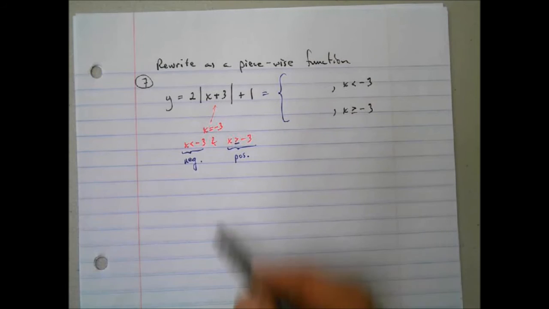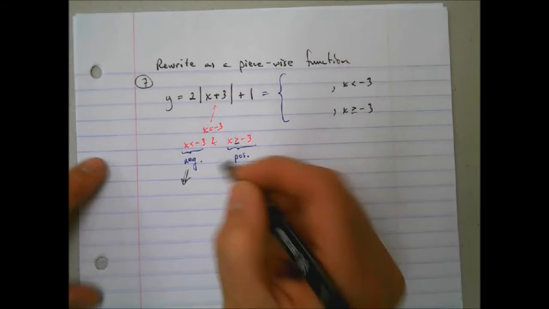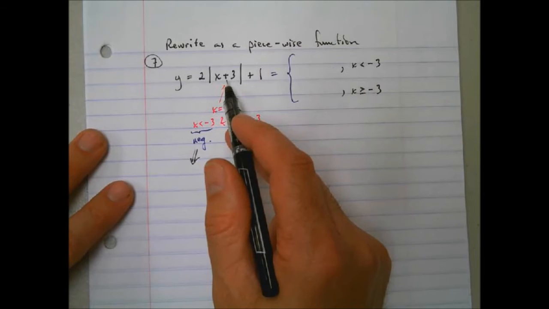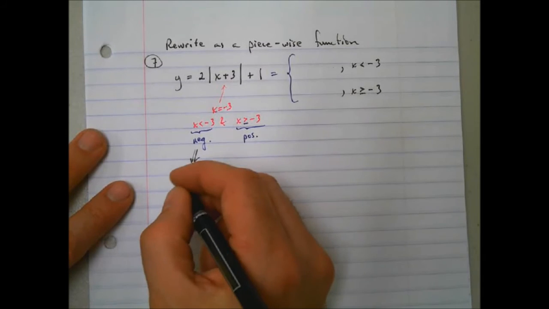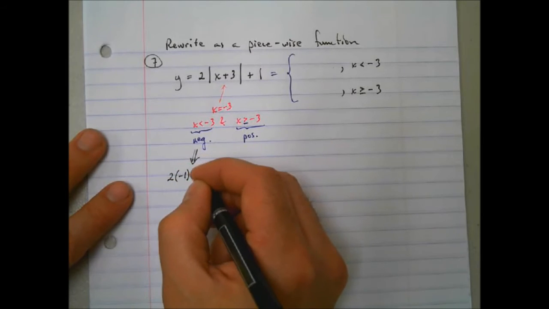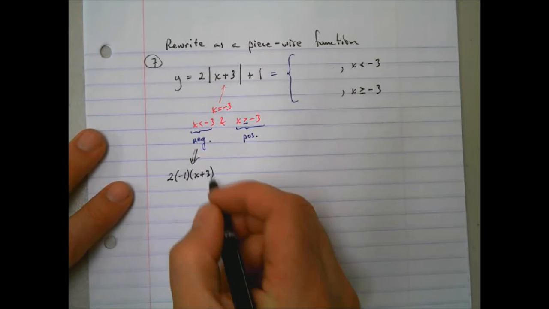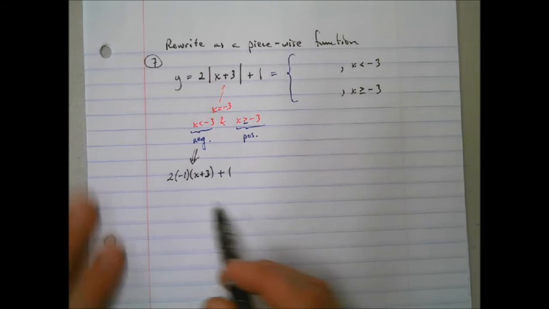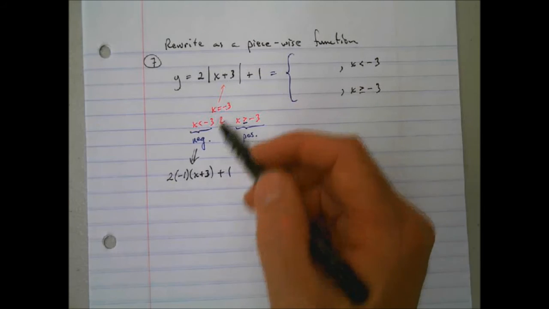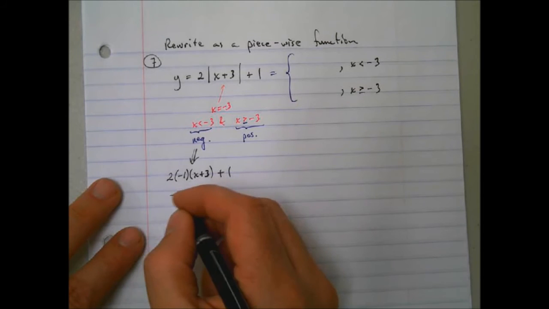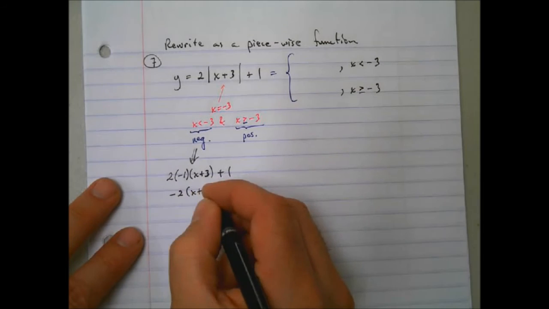So if we multiply the inside by -1 and drop the absolute value bar, we would have 2 times -1 times x plus 3, plus 1. So I've dropped the absolute value bar and multiplied the inside by -1. So really, it's -2 times x plus 3, plus 1.